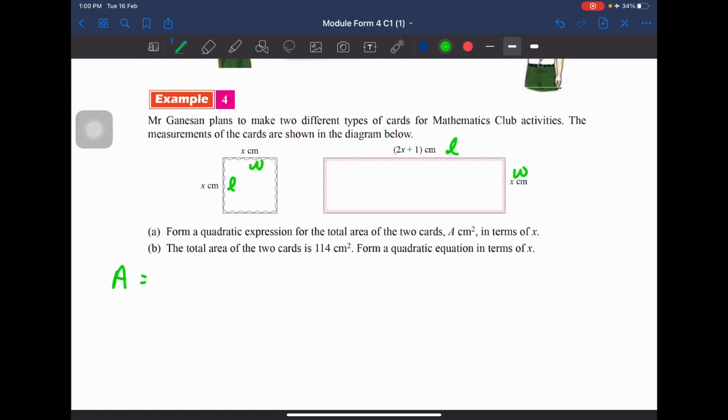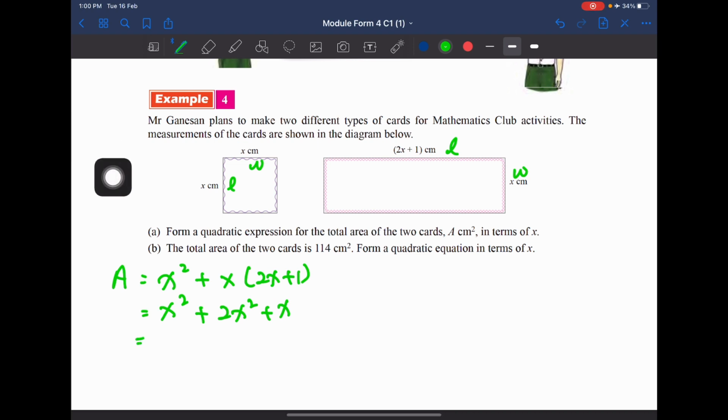So kita ada x square, plus sini pula length times width kita ada x, 2x plus 1. So kita expand, you get x square plus 2x square plus x. Simplify. Sebiji apple, 2 biji apple, so 3 biji apple, so 3x square plus x. So settle for the first part.